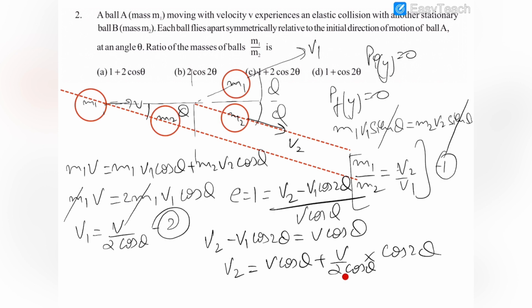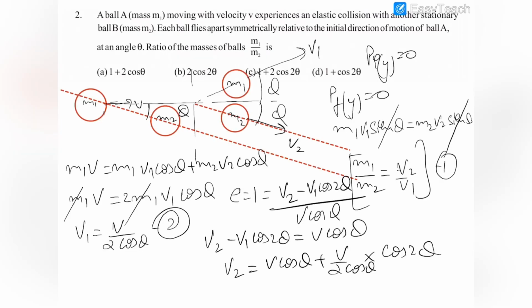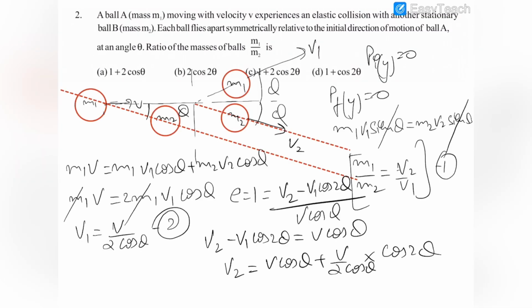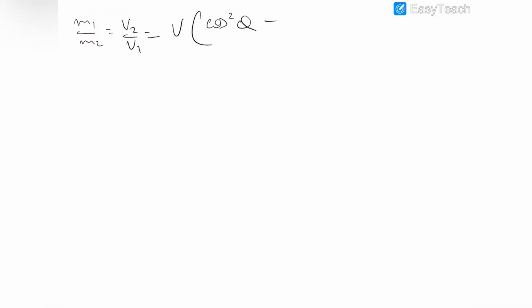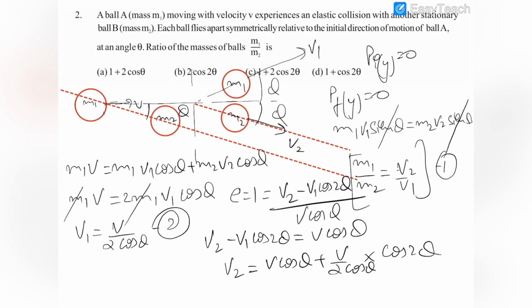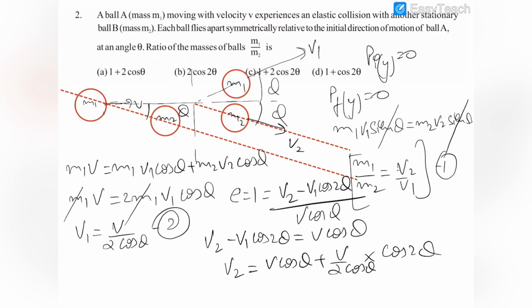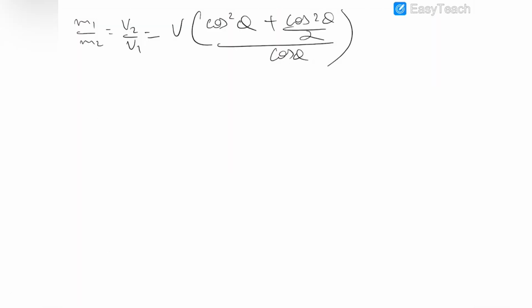You can see that v is common, and if I take the LCM, then it would be cos square θ plus cos 2θ by 2, divided by cos θ. This is v2, and v1 is v upon 2 cos θ.